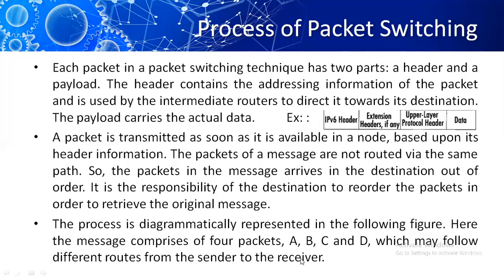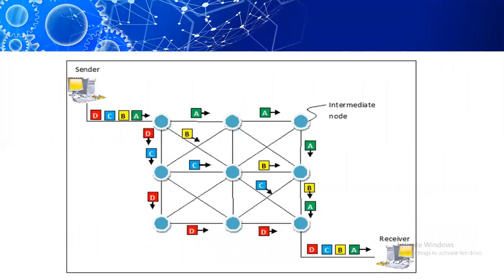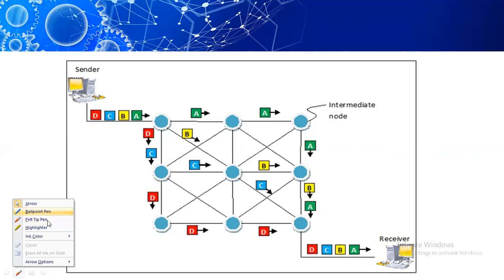This process is diagrammatically explained in the next slide. This diagram explains how the data is sent from sender to receiver. Here the original message is broken into four packets. All these packets are transmitted over the network.